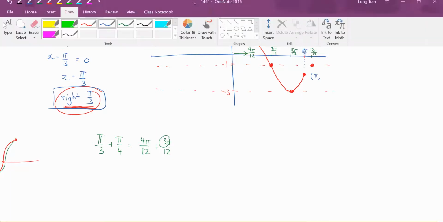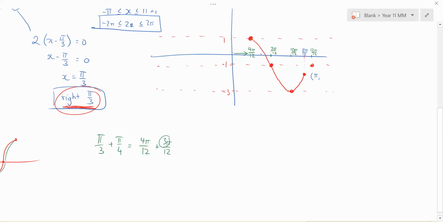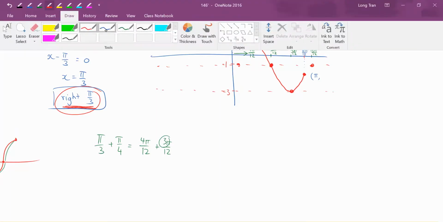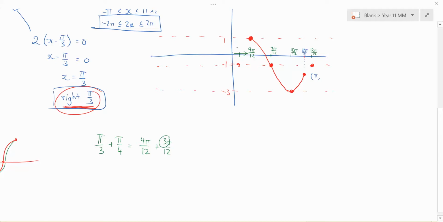Okay, so let's follow this quarter cycle journey. So if I had to move from 4 to 7 was add another 3, then going backwards, the next quarter cycle has to be at pi on 12. True? Because 4 take away 3 gives me 1. So pi on 12, I should reach the center. Pi on 12 minus another 3, so that gives me now, what's that? 1 minus 3 is negative 2 pi on 12, and then negative 2 take away 3 gives me now negative 5 pi on 12.